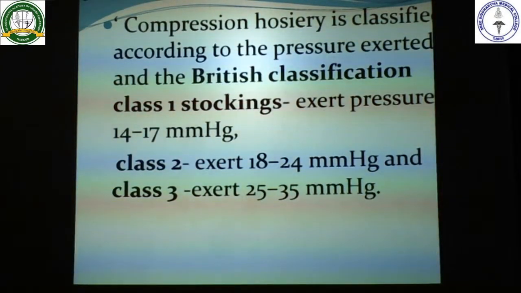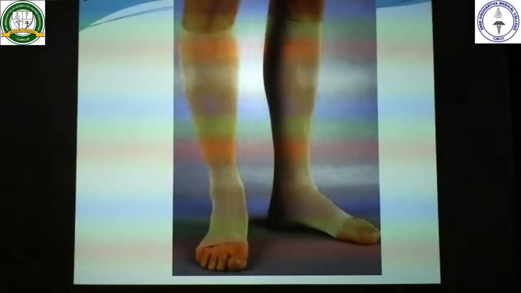Class 1 exerts a pressure of 14 to 17 mm of mercury. Class 2 stockings exert 18 to 24 mm of mercury. Class 3 exerts 25 to 35 mm of mercury.